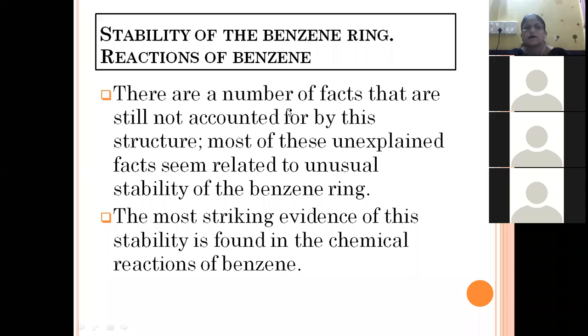There are a number of facts that are still not accounted for by the structure. Kekule has given the structure of benzene and some of its properties, but there are some facts we still don't know, and most of these are unexplained.